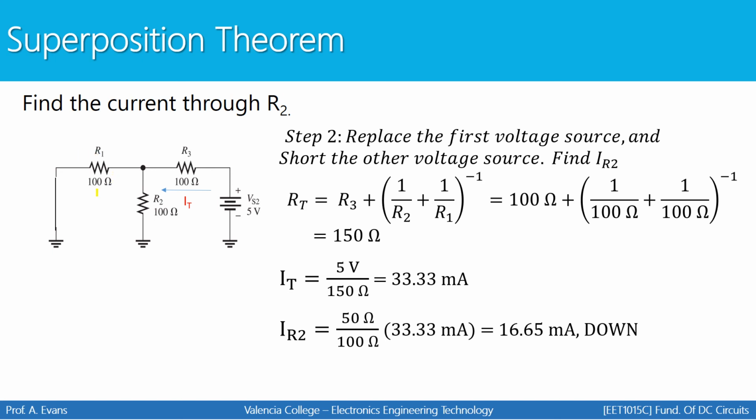Remember that the numerator of your current divider has to be the combination of both parallel paths, which would be 50 ohms. And then the denominator has to be the value of the resistance you want the current for, which is 100 ohms. So in this case, I get that the current through R2 is 16.65 milliamps, and again, that's going down.